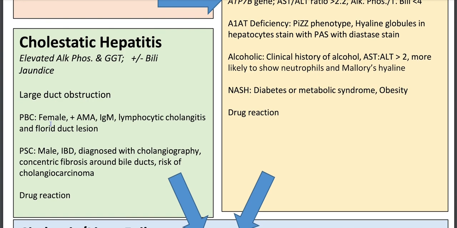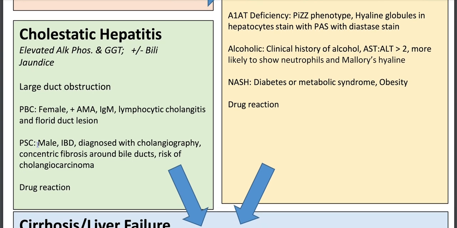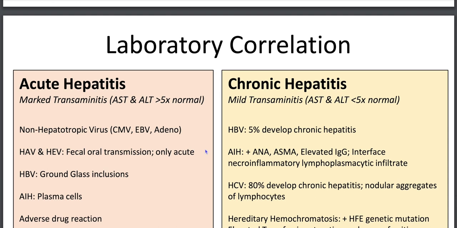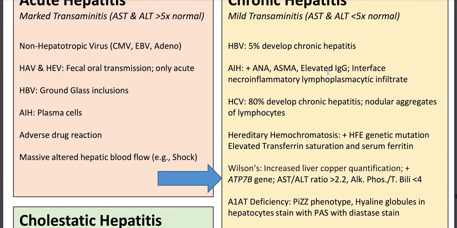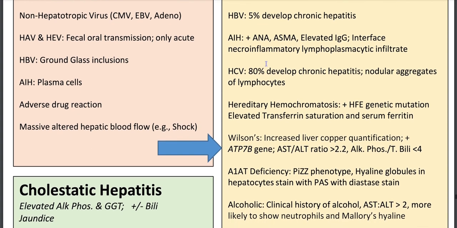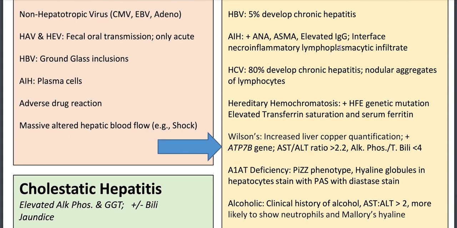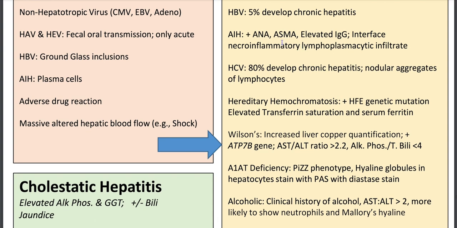Think about primary biliary cholangitis and primary sclerosing cholangitis. For chronic hepatitis, 5% of people with HBV could develop chronic hepatitis. Autoimmune hepatitis, think about interface activity, necroinflammatory lymphoplasmacytic infiltrate, anti-smooth muscle antibody, ANA.